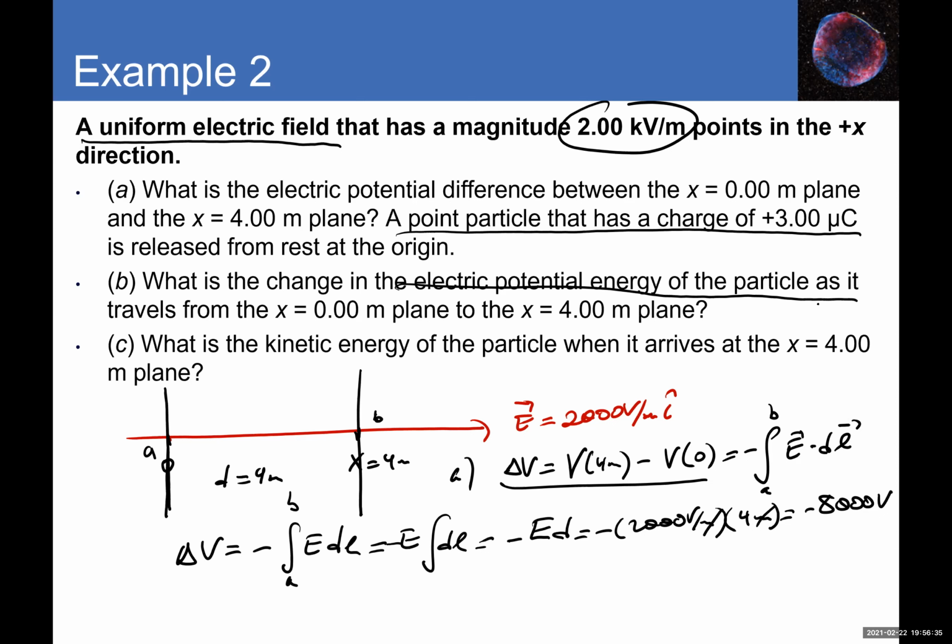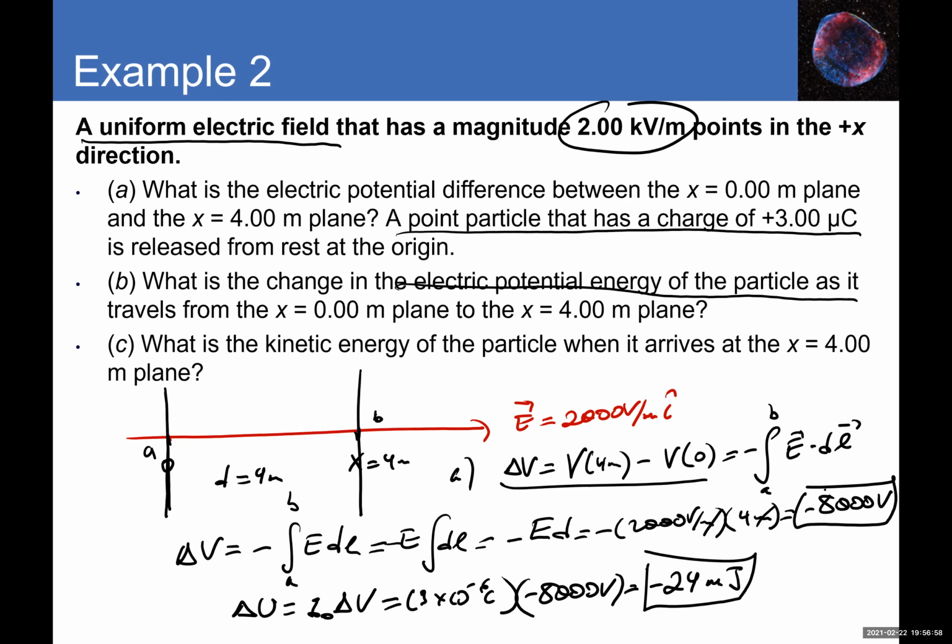To calculate potential energy, I do need a test particle, because delta U equals q naught times delta V. That's 3 times 10 to the negative 6 coulomb times negative 8,000 volts, which is negative 24 millijoules. That's my change in potential energy.